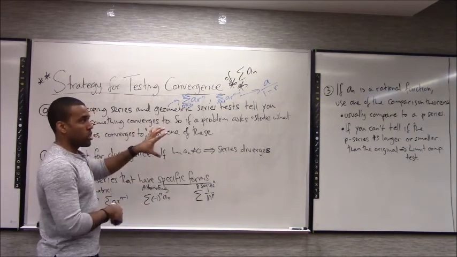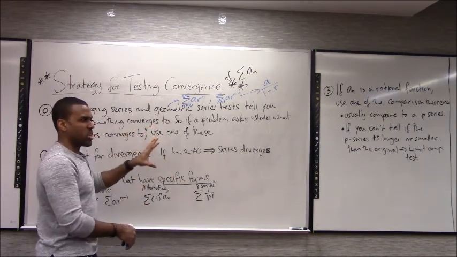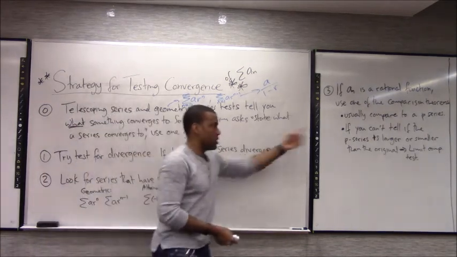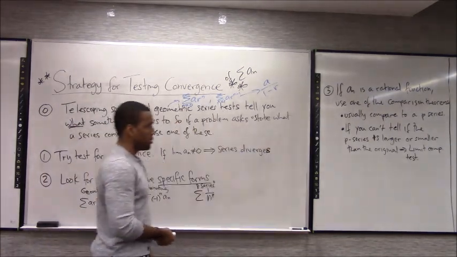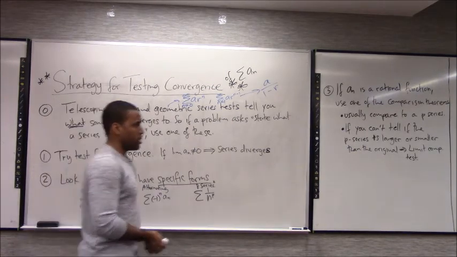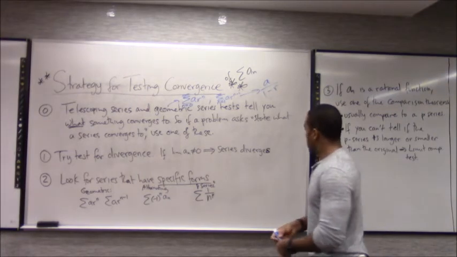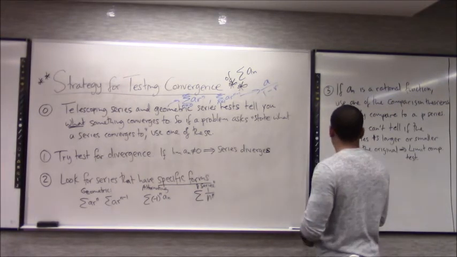Now, if by ignoring the lower guys, you get something where you're not sure if it's bigger or smaller, don't waste time trying to figure out if it's bigger or smaller. Just go to the limit comparison test. And what else?